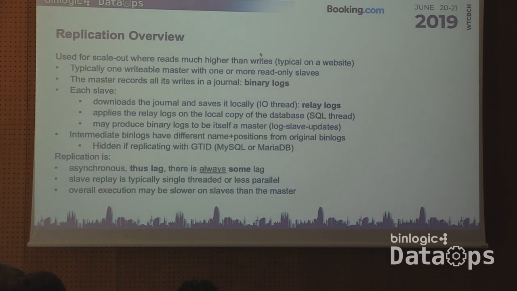In terms of replication, Jeff mentioned this earlier, but just to repeat it very quickly, we use it for scale out. Clearly, we have a lot more people looking at our website for hotels and accommodation they may want to reserve than those that actually end up reserving. Ideally, everyone that looks should reserve, but that hasn't happened yet.